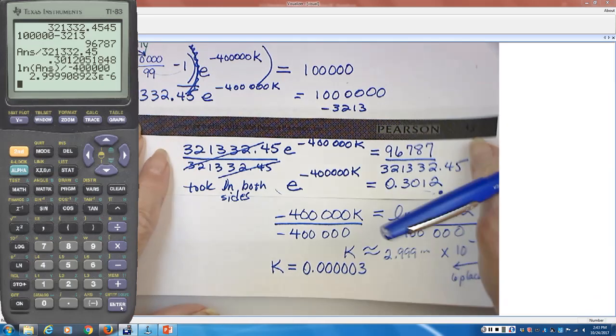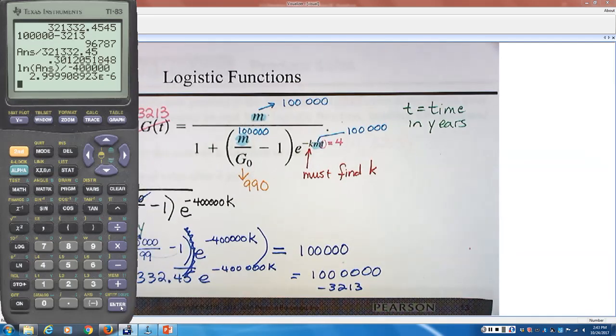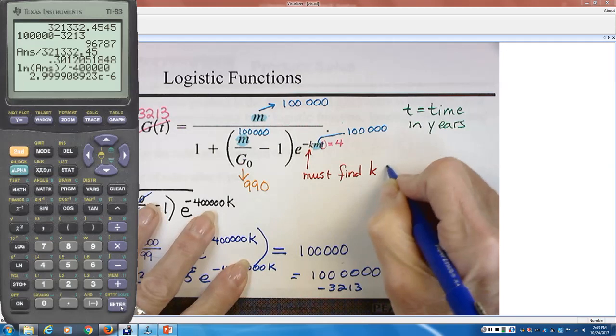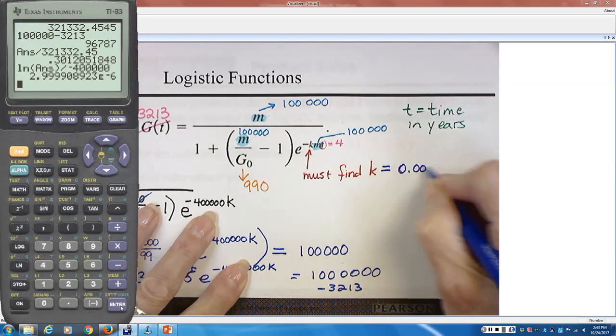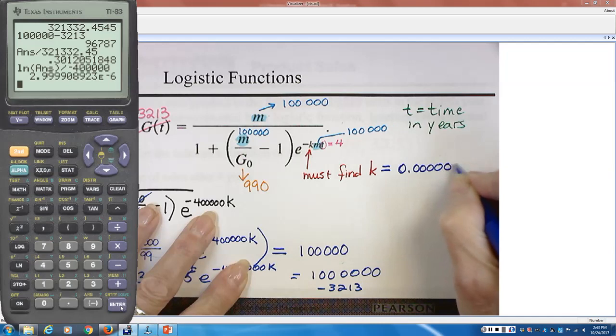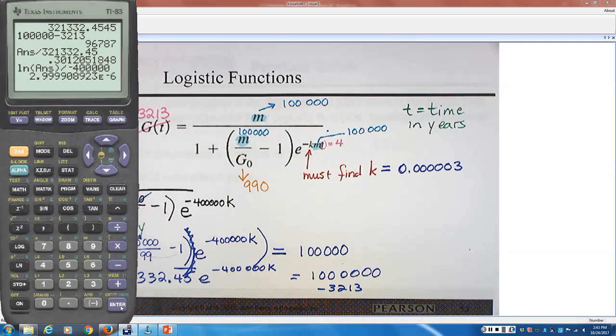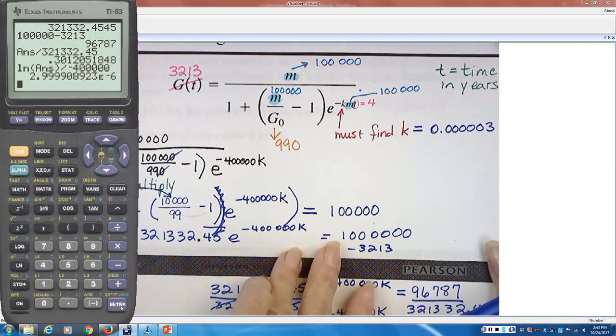This is a little bit long and complicated, but we're going to go back up here because now we know what k is. And now we can write the logistic function, which is what we wanted to do to begin with.